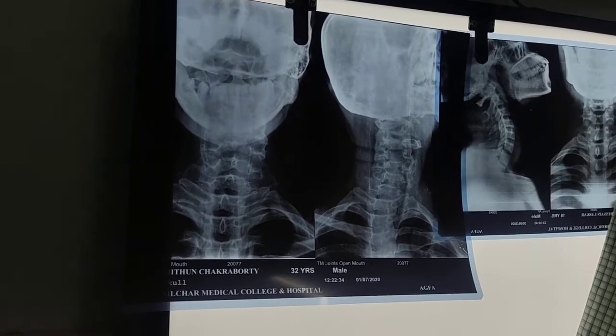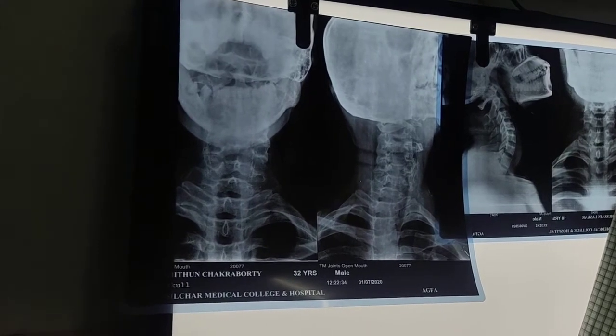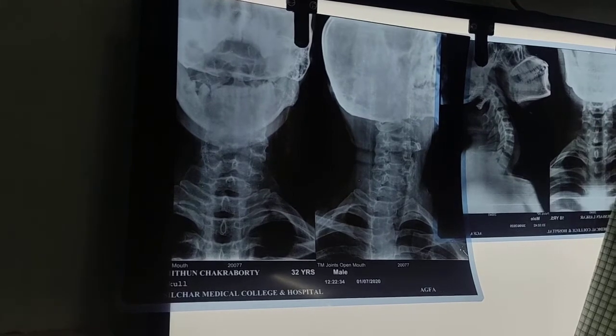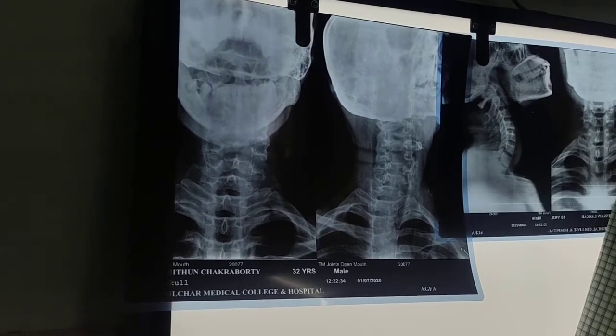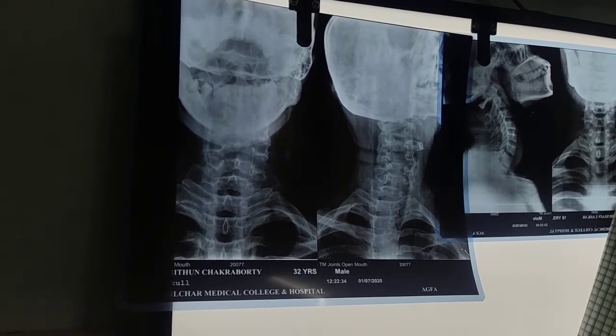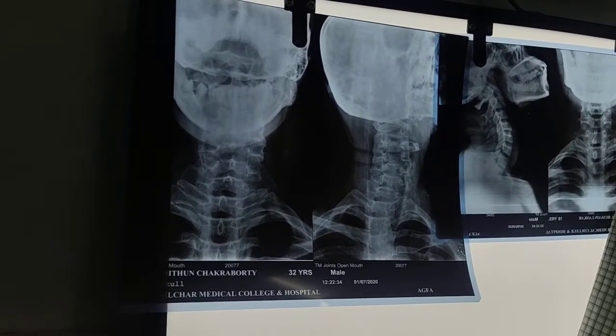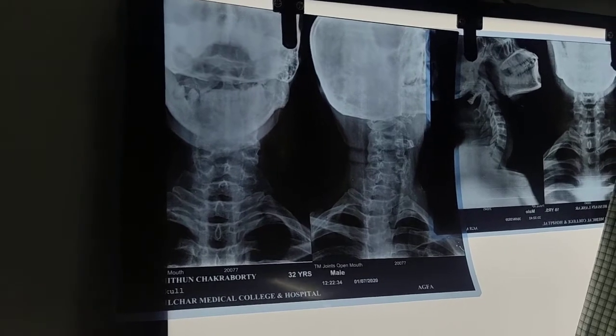So it is better to always understand this area, and this understanding is based on ratios and relationships of various bony structures in the lateral view and AP view. This part is clear to all.